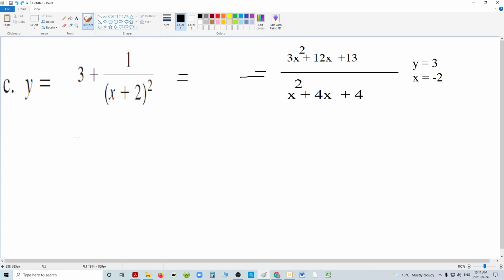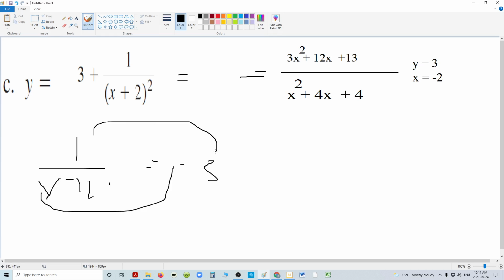I mean, you could do it. You do 1 over x plus 2 squared is equal to minus 3. You bring that up top and you solve it. But you're going to discover that it is essentially going to be the same as expanding this. Let's do it this way to see what happens.